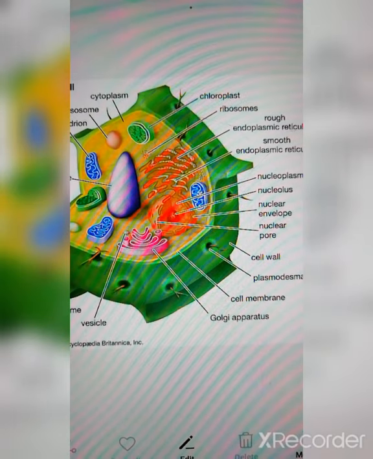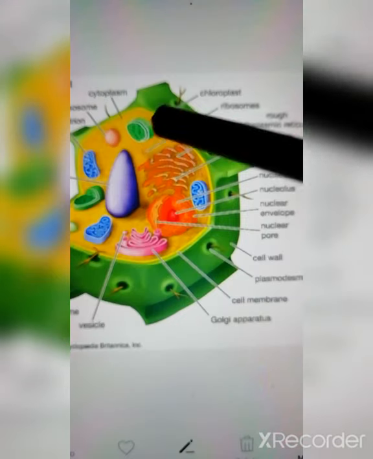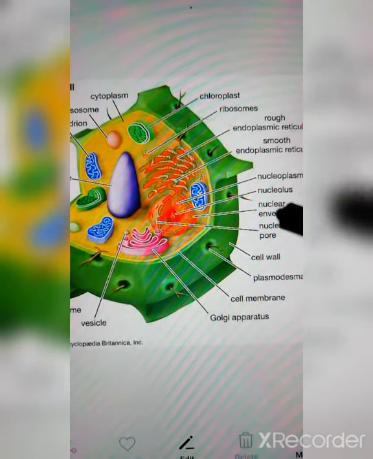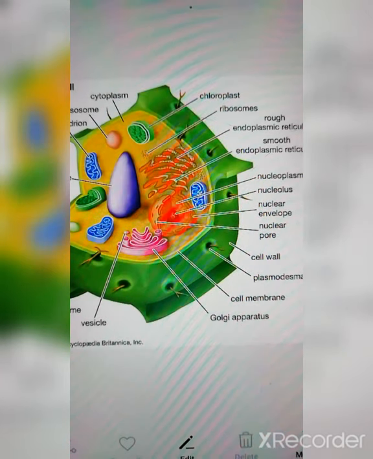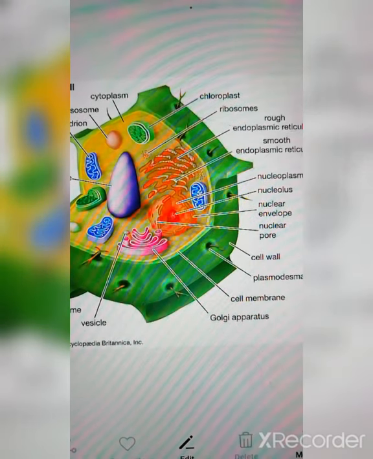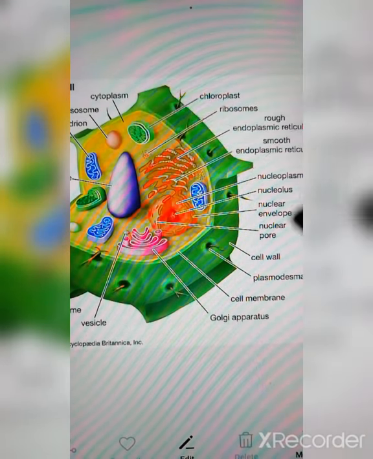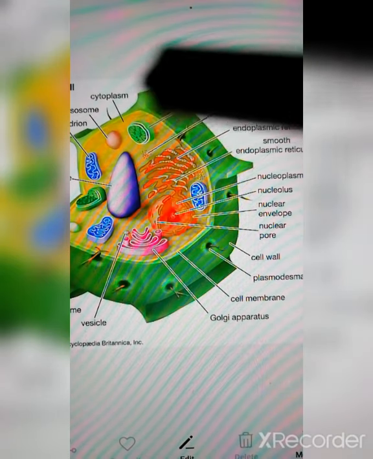But later it was discovered that it is generally the liquid in which all these organelles are floating. The cytoplasm is not the life fluid, whereas other organelles play an important role in the functioning of the cell. Hence protoplasm was renamed cytoplasm. Cytoplasm means cell fluid.